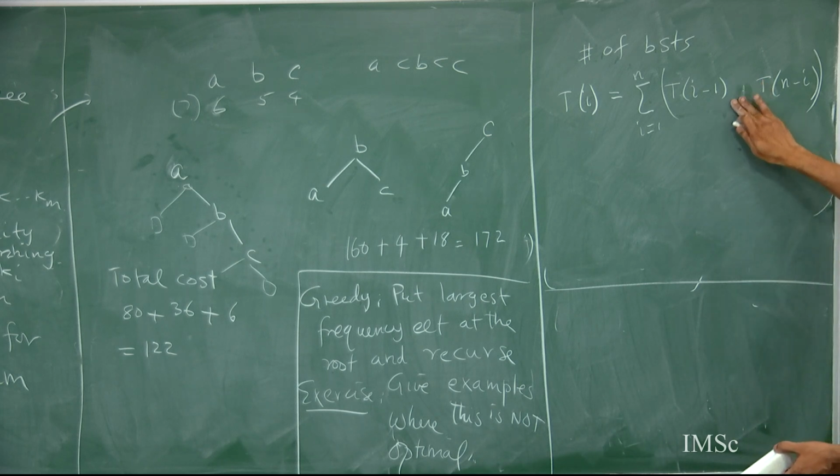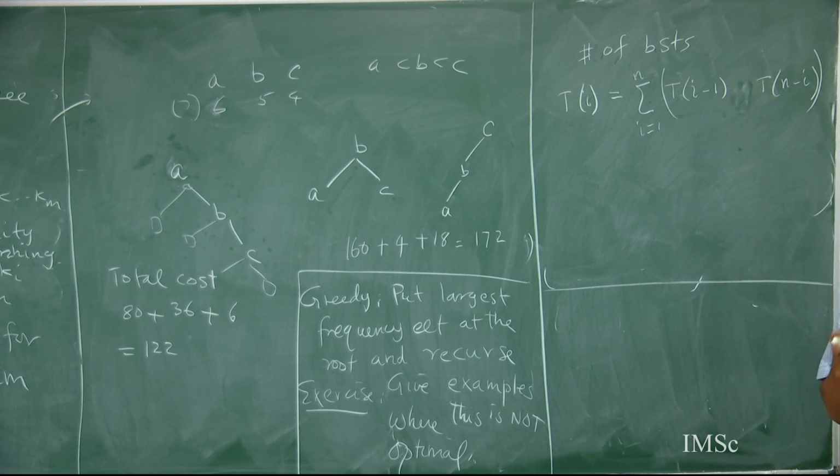Oh, you are right, thank you, it is t of i minus 1 times t of n minus i. So for each such choice there are so many different choices. This is an exponential number of choices.